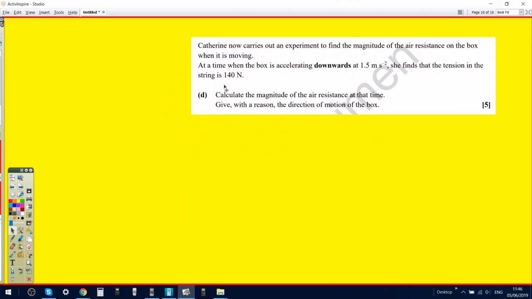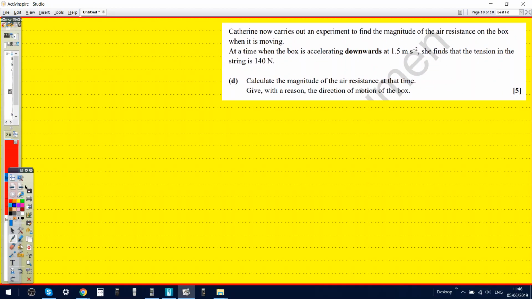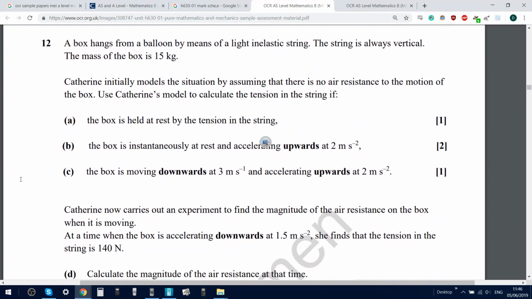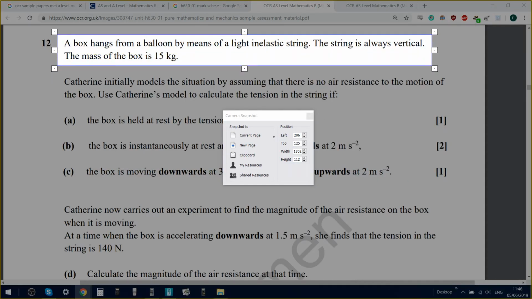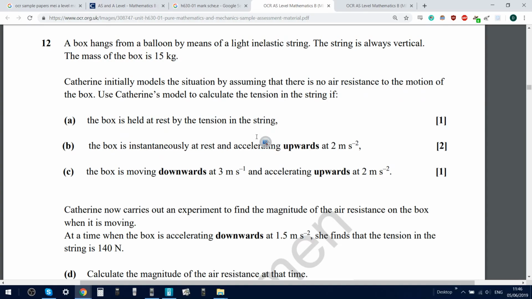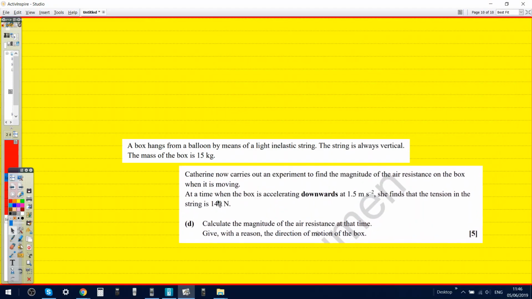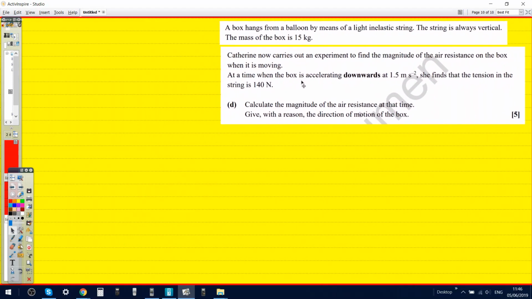Catherine now carries out experiments for the magnitude of air resistance on the box when it is moving. So let's see. The box is held at rest. A box hangs from a balloon. The string is always vertical.